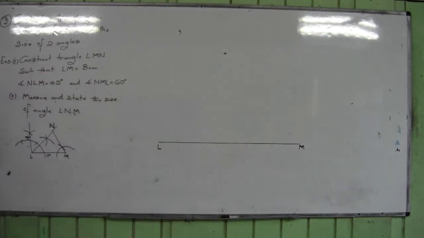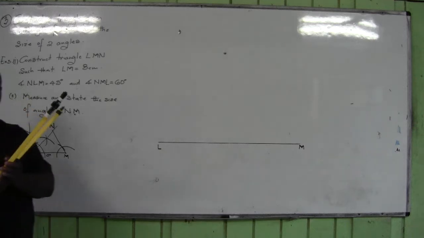I think we already discussed that the angle at L should be 45 degrees. If you all remember, how we get 45 is to first construct 90 and then cut 90 into two equal halves. Everybody look again. And remember, you must practice these constructions.